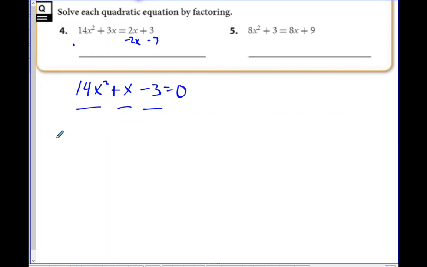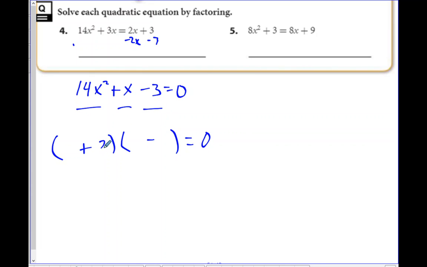So at this point, we need to be thinking, how can I factor this into the product of two binomials? Well, you look at the minus here. What does that tell you? It's going to have to be a plus and a minus. And what are the only factors of negative 3? 1 and 3. Yeah.